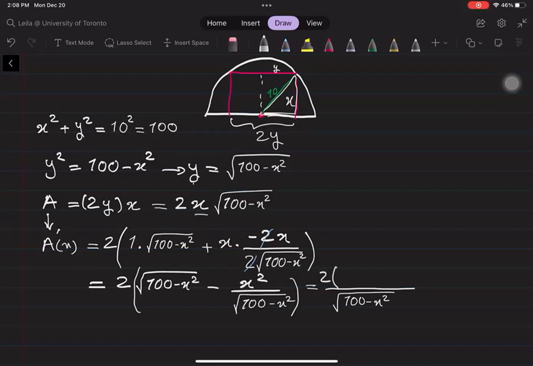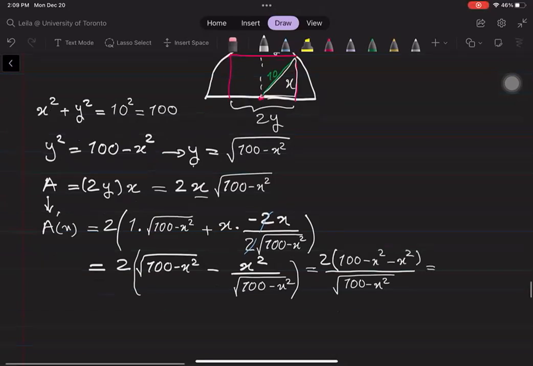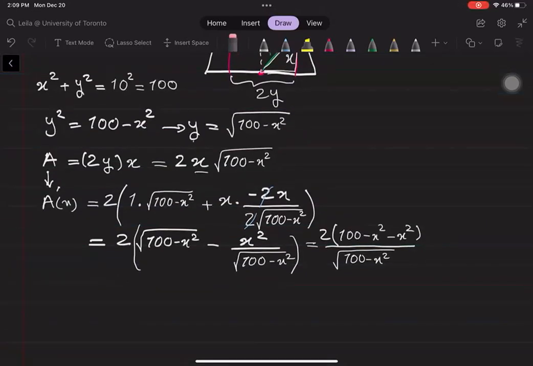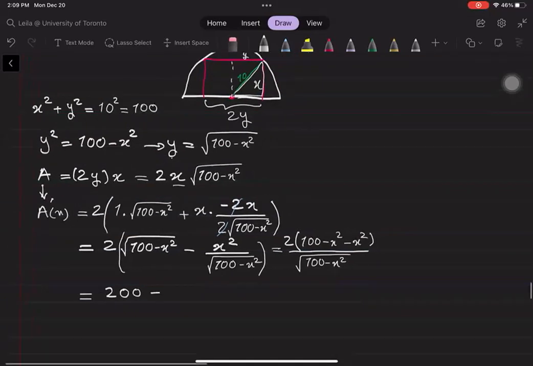Here you can get the common denominator. So you have 200 minus 2x squared minus 2x squared, which is 200 minus 4x squared, divided by the square root of 100 minus x squared.